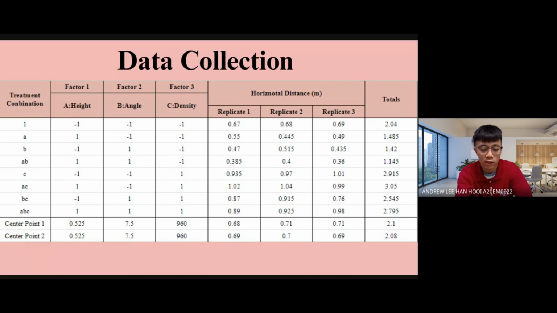The experimental setup includes 8 treatment combinations that vary these factors as well as 2 center points to improve experiment accuracy. Horizontal distance was measured in 3 replicates for each treatment combination, and the results are aggregated to produce total and mean values. The total distance is the sum of the three replicates, while the mean is the average of these values, giving a clear picture of the fluid's performance under each experimental condition.